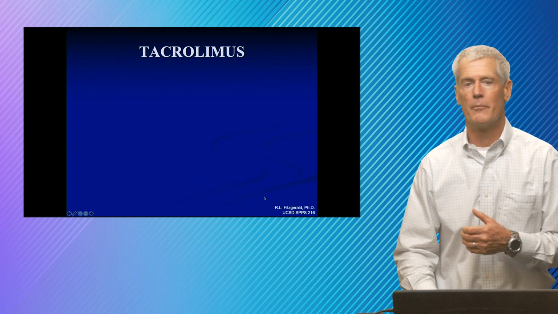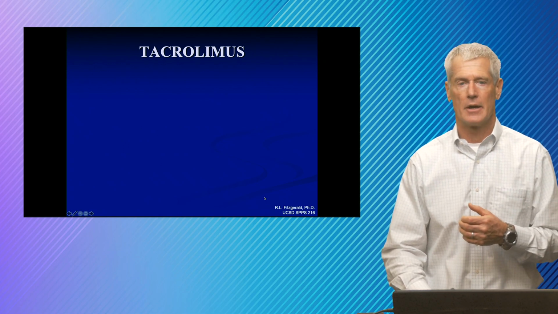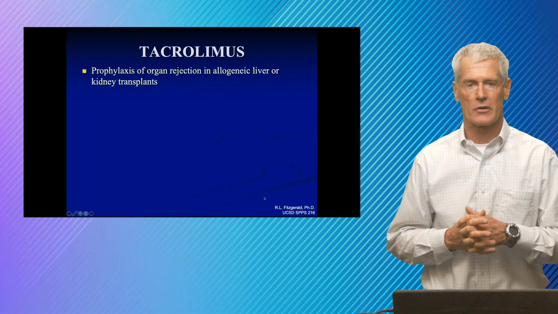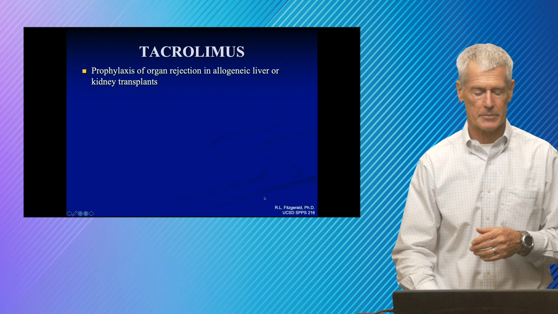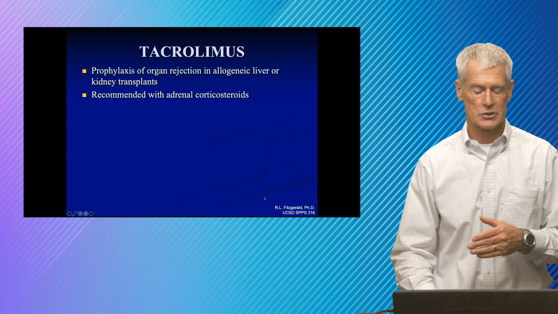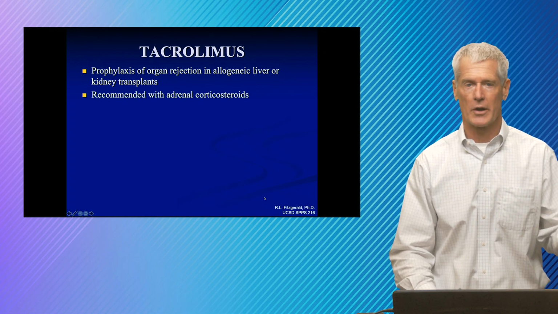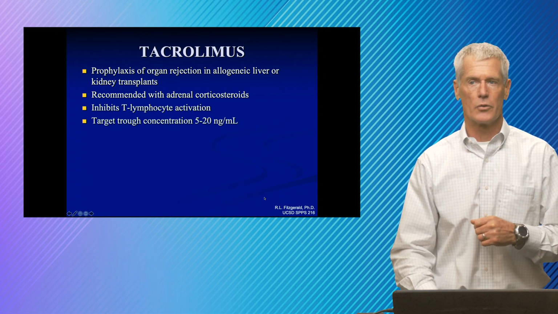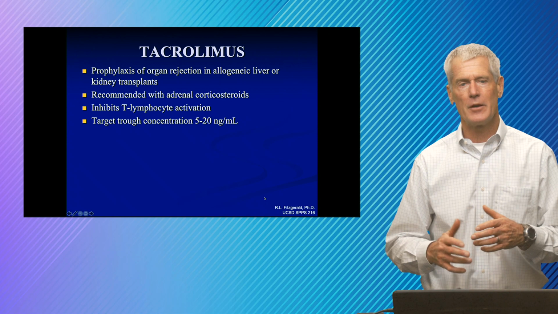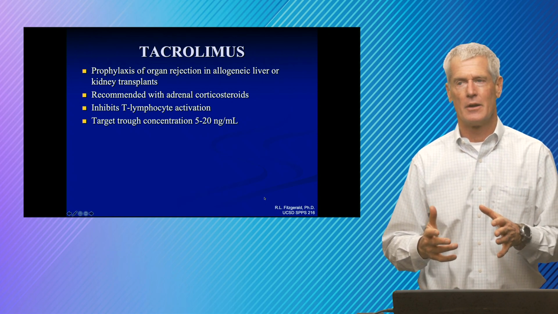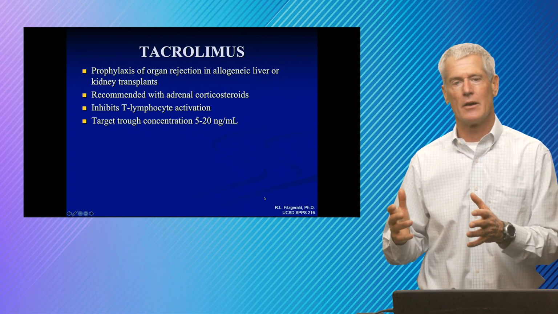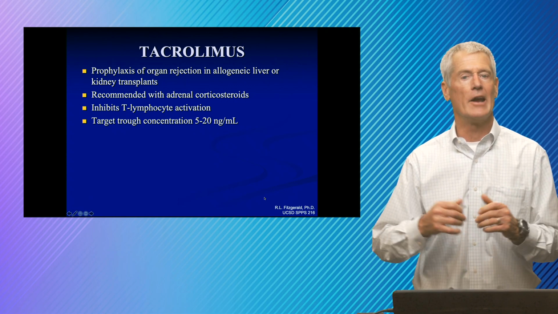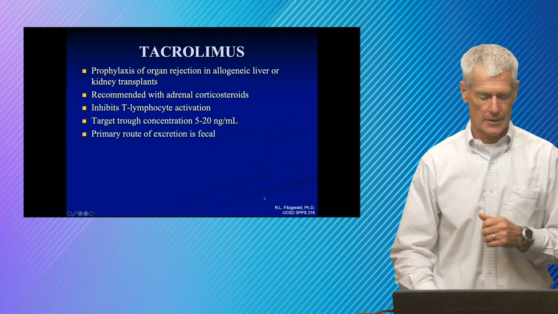Tacrolimus is probably the most commonly monitored immunosuppressant. It was really responsible for the success of kidney transplants. It's given with immunosuppressive doses of steroids. That sort of makes sense. It works through T cells. Typically, concentrations are targeted at 5 to 20. With chronic dosing, it's more in the 4 to 8 range, something like that.